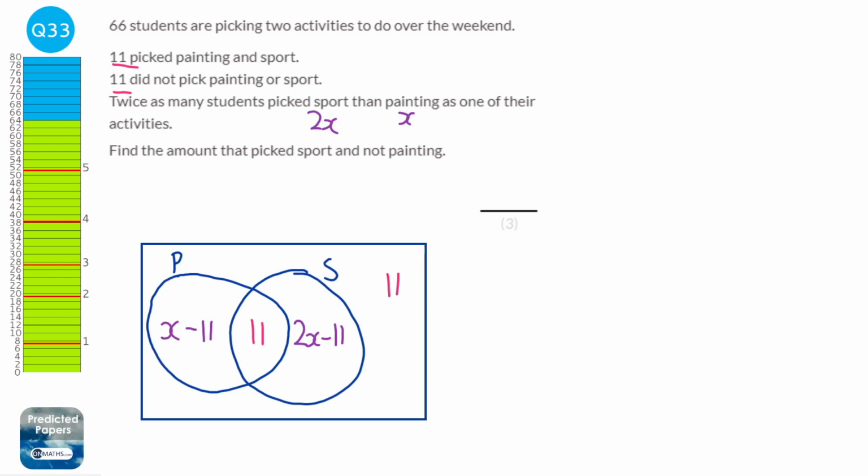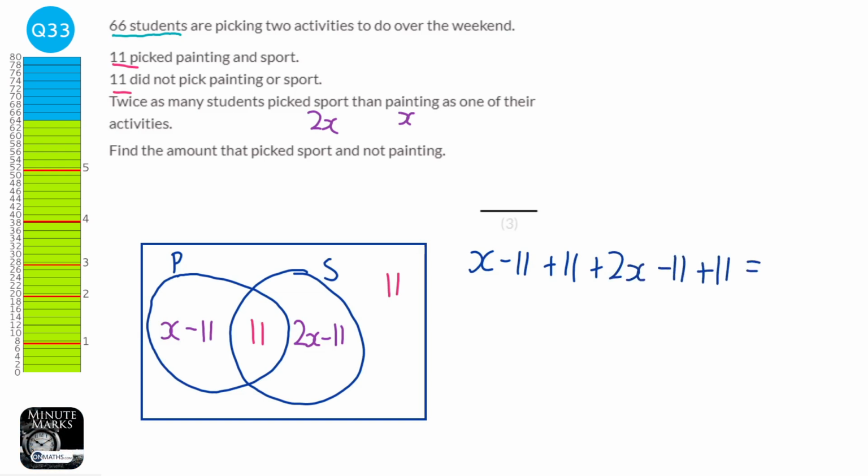Now we know that there are 66 students in total. So what we can do now is add up all of the parts of the Venn diagram and get it equal to 66. So x minus 11 plus 11 plus 2x minus 11 plus 11, and all of that will equal 66. This is going to be some solving.